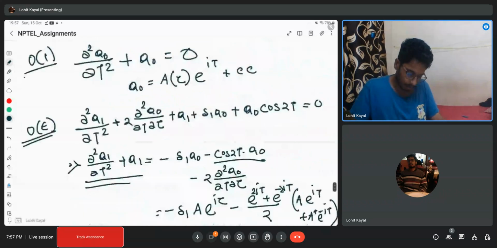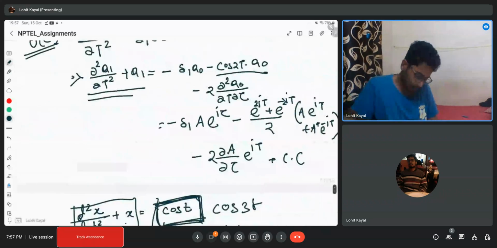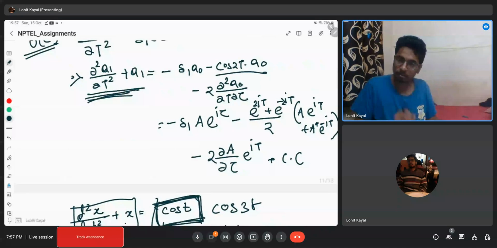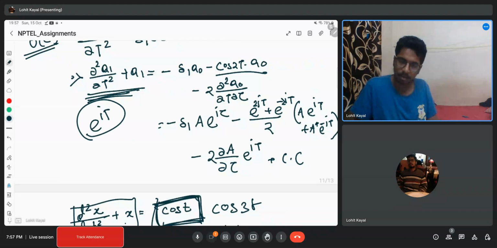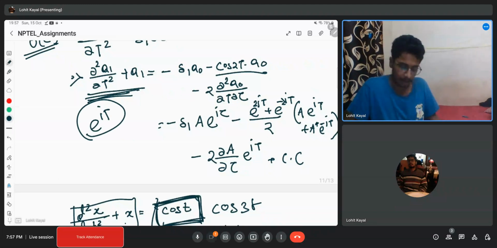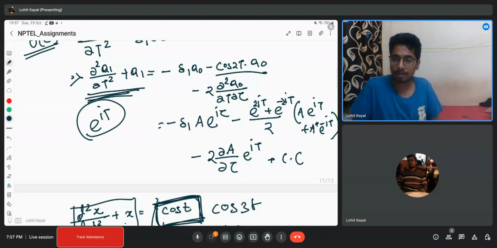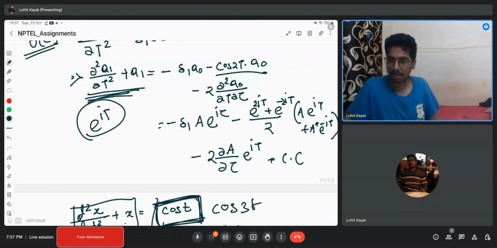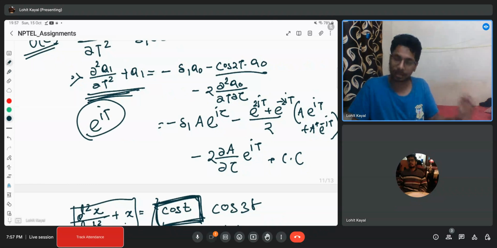Here also you see that the solution of the homogeneous term is of the form e to the power i t, which means cos t or sin t. Now on the right hand side, if you have terms like e to the power i t, then there is a problem. So we need to remove that term.